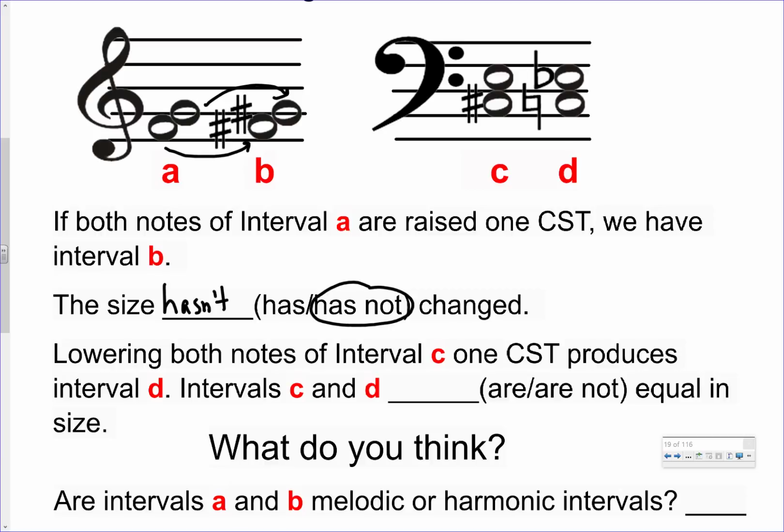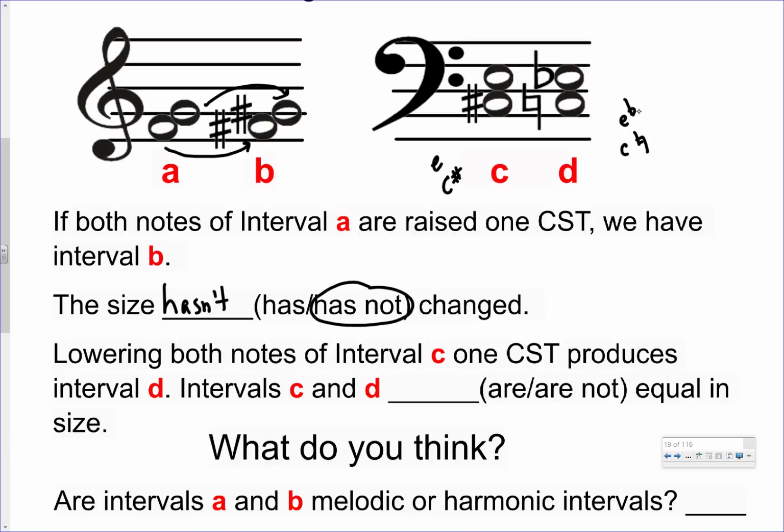Now let's examine the bass clef intervals, interval C and interval D. First, let's realize our notes. Interval C contains a C sharp and an E natural. Interval D contains a C natural and an E flat.